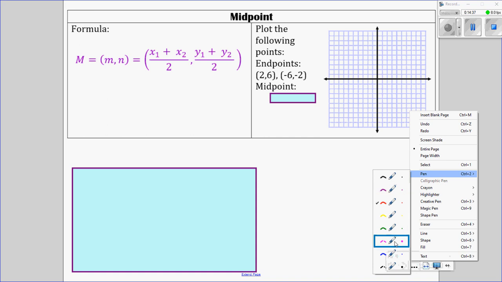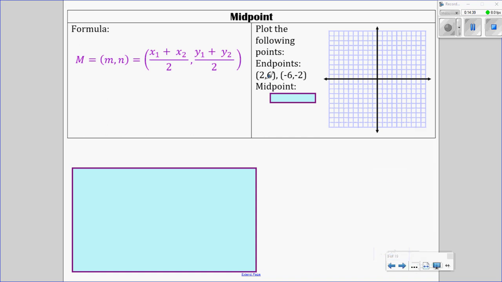I'm going to use this as an example. We plot the 2 endpoints. So x1 plus x2 over 2 and y1 plus y2 over 2 represents the midpoint. I'm just going to write midpoint, abbreviated, and these are our endpoints.